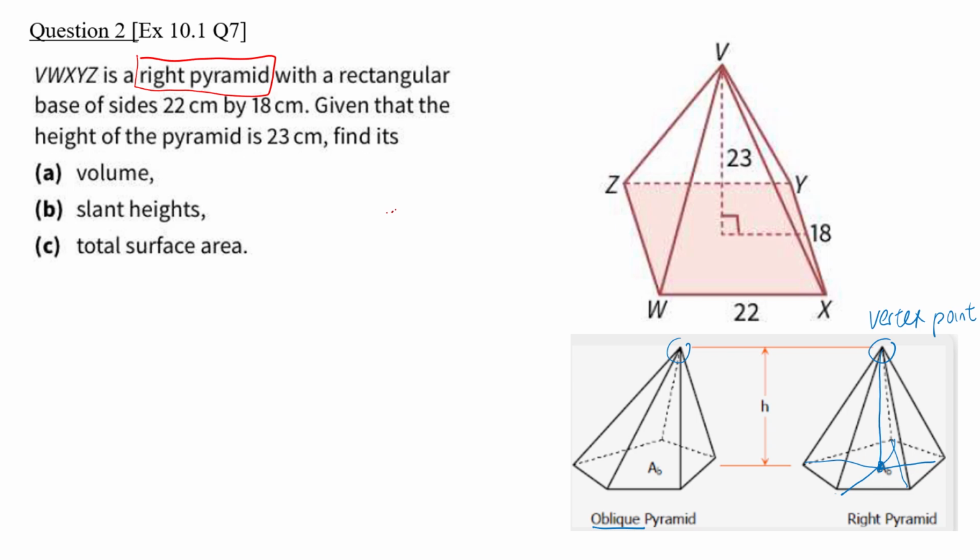Whereas for an oblique pyramid, if you were to draw a vertical line down, you see that this point is not the center point of your base. So that's the difference between oblique and right. In most of the problem sums that we are dealing with, we are only doing right pyramids.